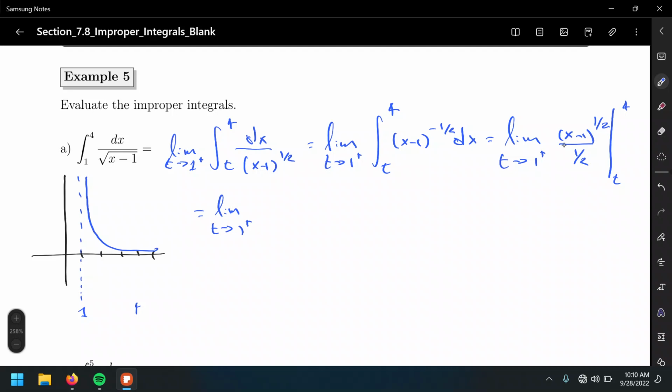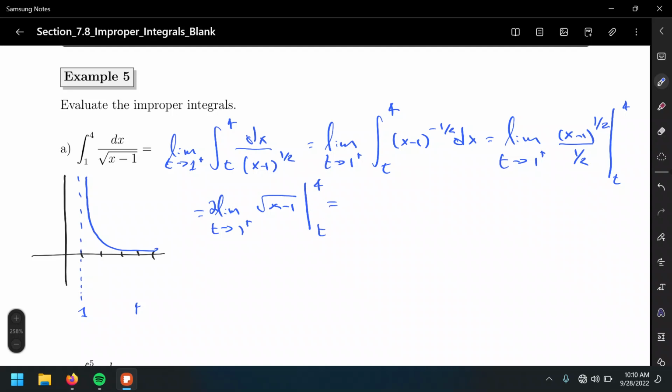Dividing by 1/2 is the same as multiplying by the reciprocal, which is 2, and I'm going to have it outside of the limit, so we don't deal with too many calculations. Then I'm going to change x minus 1 to the 1/2 as the square root of x minus 1, still evaluated from t to 4.